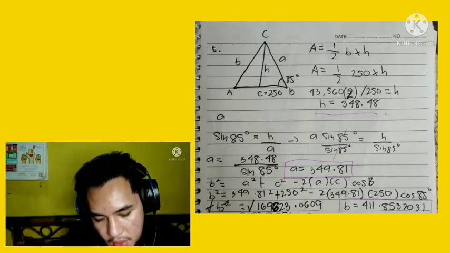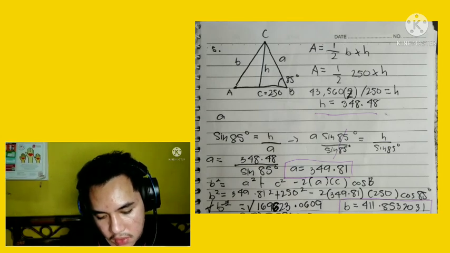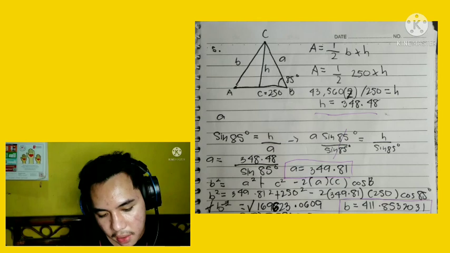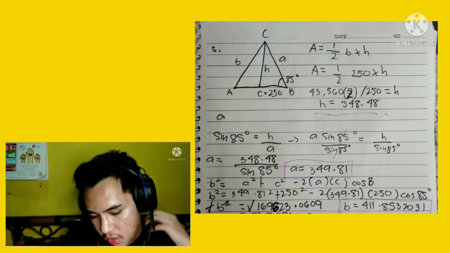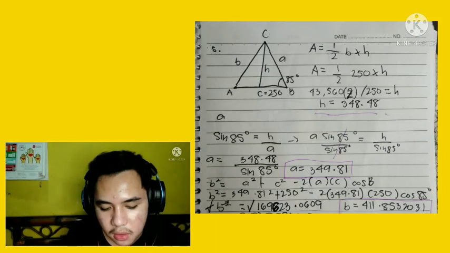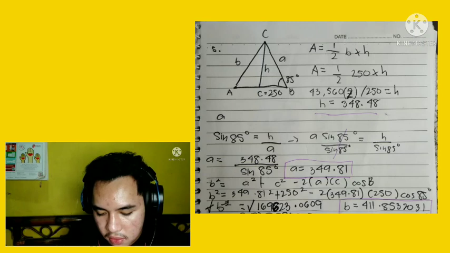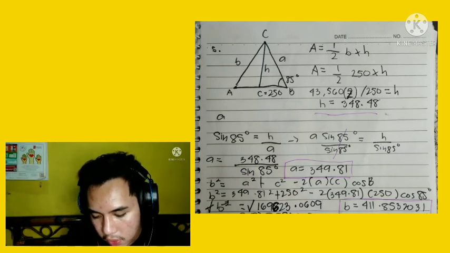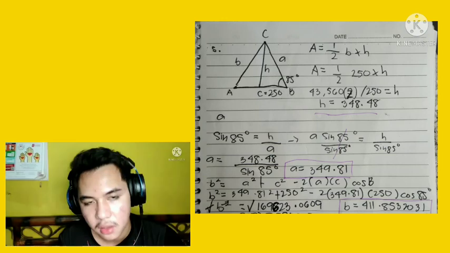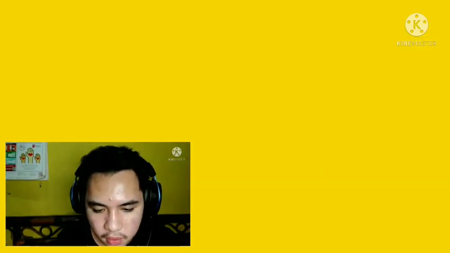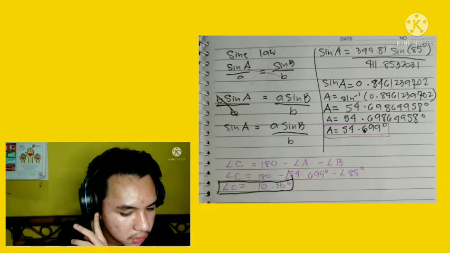So the answer will be b squared is equal to 169,623.0609. To cancel out our exponent here, we put square root, and we will get b is equal to 411.8532031.